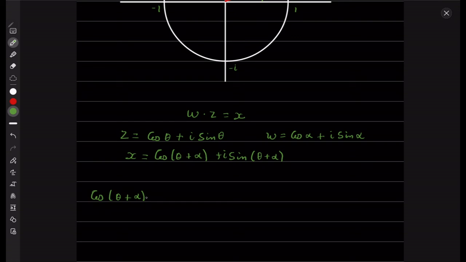Okay, now we can say cos theta plus alpha plus I sine theta plus alpha is equal to, and let's put this into brackets, cos theta plus I sine theta multiplied by cos alpha plus I sine alpha.